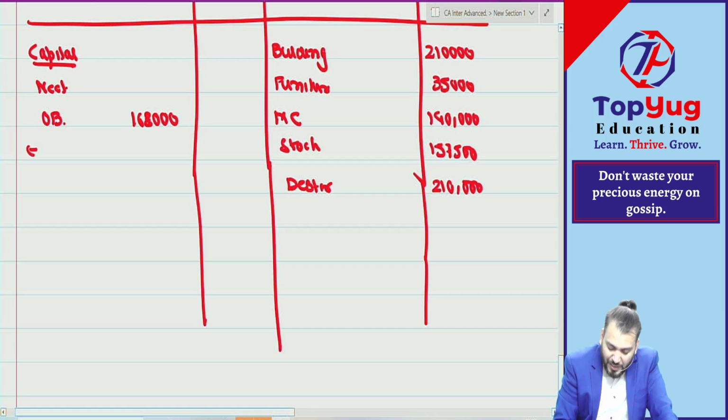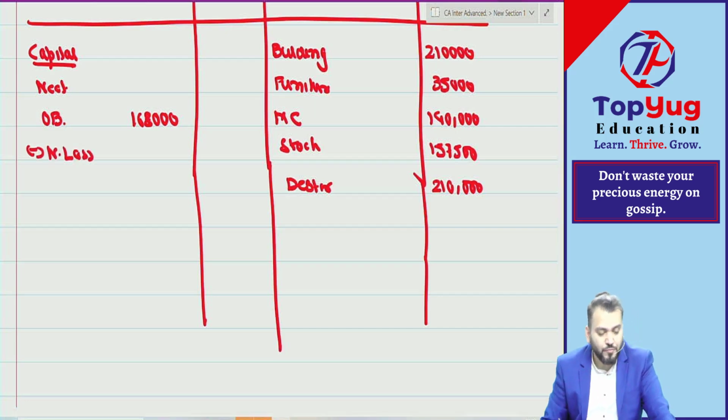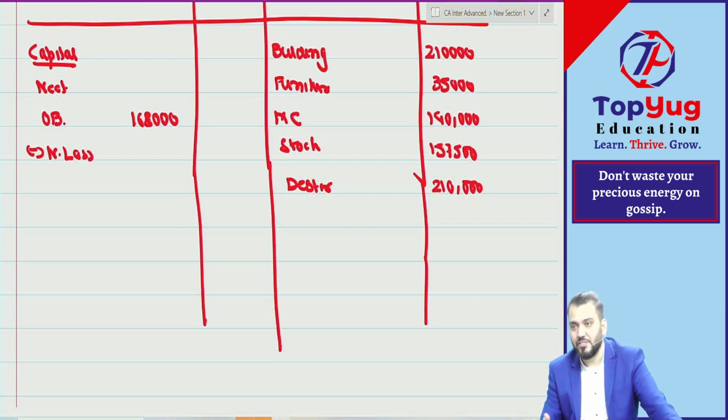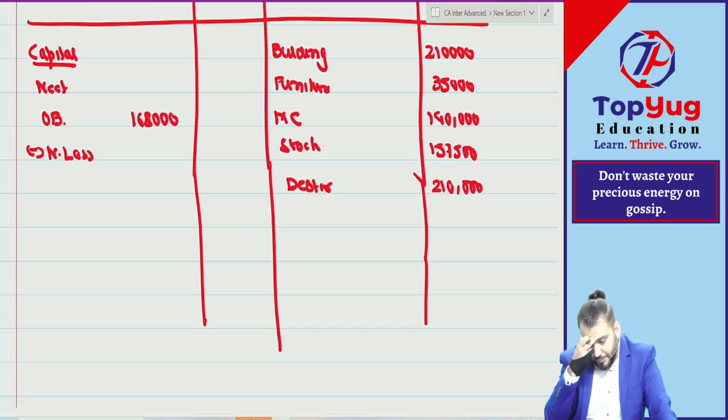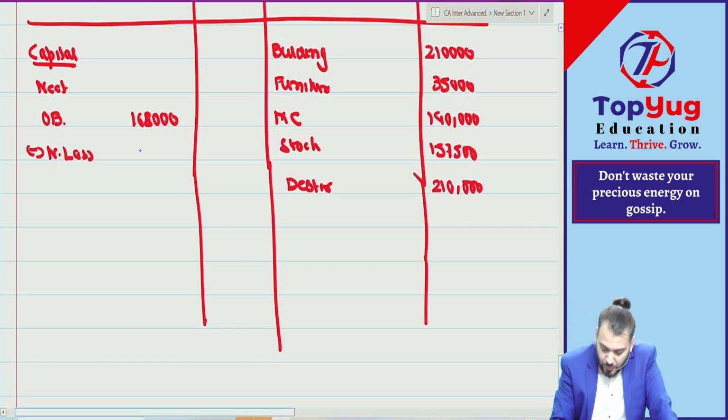What will we do? Minus net loss. What is the ratio? 3:2:1. So can you give me 3/6 of the loss? 23,713.